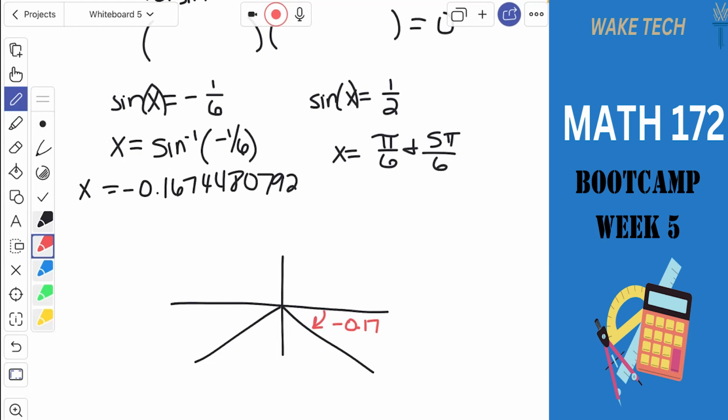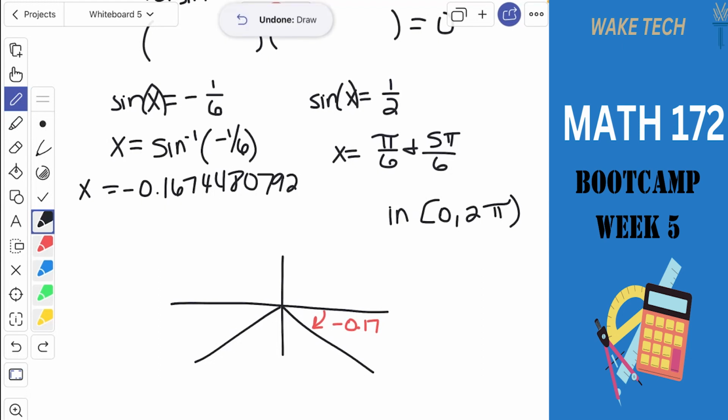The question, which is not in 0 to 2 pi, remember we need all of our answers in 0 to 2 pi. So -0.17 is not in 0 to 2 pi. But what we can do is find the angle coterminal to -0.17 that is in 0 to 2 pi. How we can do that is by adding 2 pi to -0.16, blah, blah, blah.